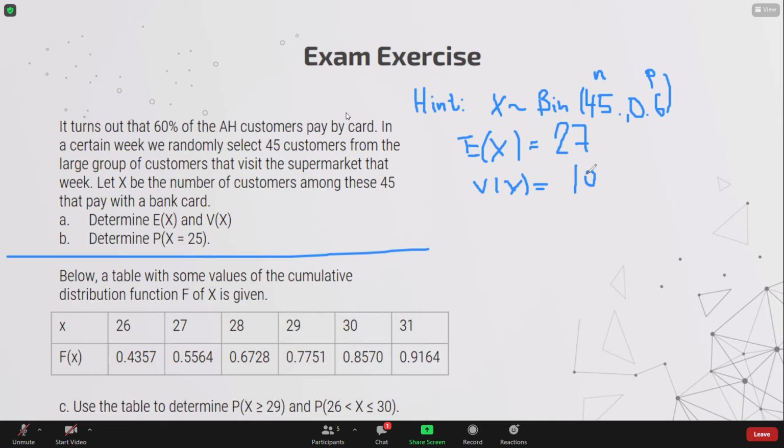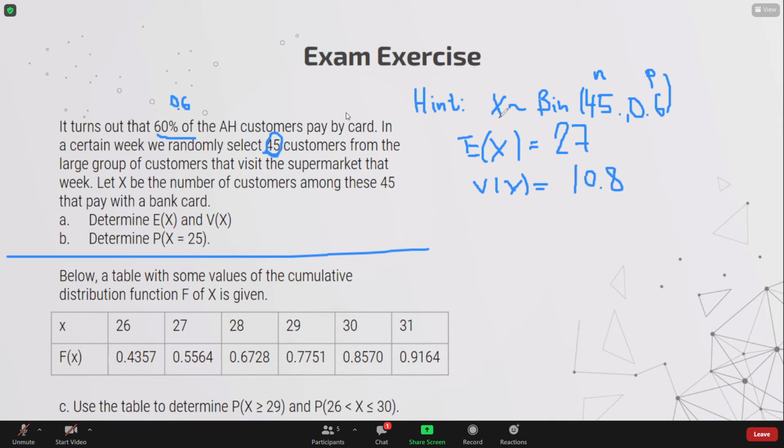That's right. Awesome. We just have to remind ourselves that it says we are taking only 45 customers from the whole population. And we're given the probability of having a success, which is paying by card, which is 0.6. And then the number of participants that we have in our experiment, which is 45.